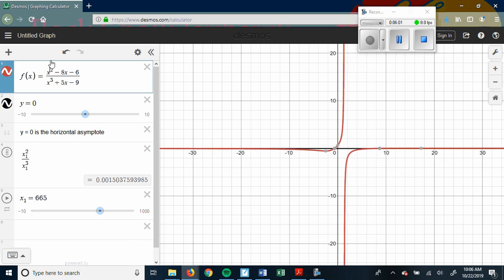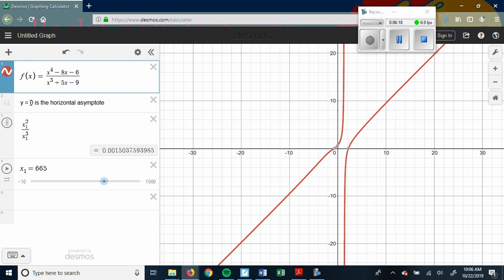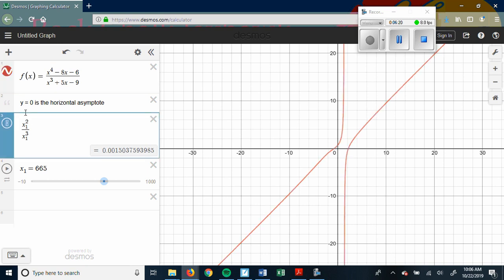Let's adjust this. What happens if this goes to, say, the 4th power? Now this is increasing without bound, and this is decreasing without bound. Let me put the 4th power here. Now what happens? That number just keeps increasing.